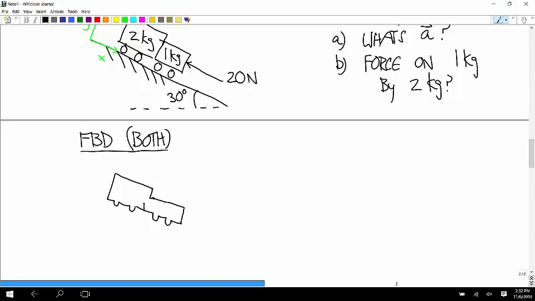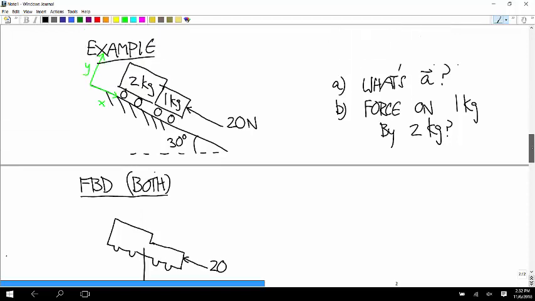We have a weight force acting down. What's the magnitude of the weight force? Yep. So it's 3 kilograms times 9.81, 29.43. And then we have this 20 Newton force applied over here.